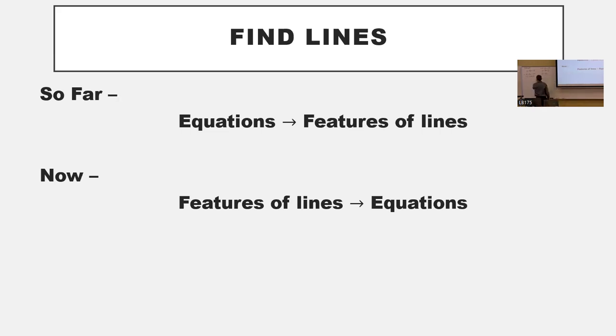So as you probably could tell, the first part of these notes talked about starting with the equation for the most part, and then finding some features of those lines, finding the slope, finding points on the line, finding the x and y intercepts.